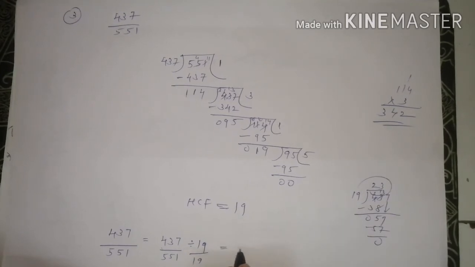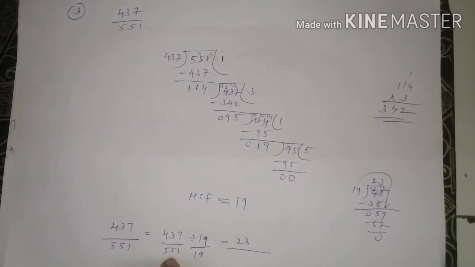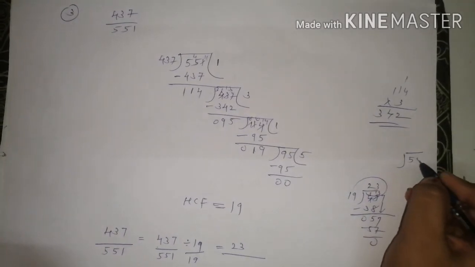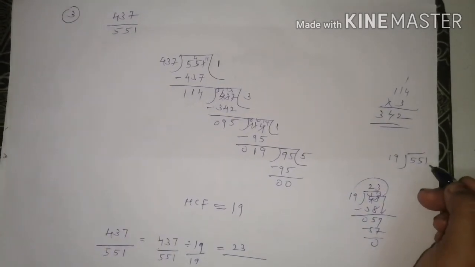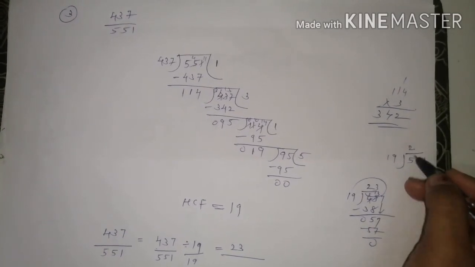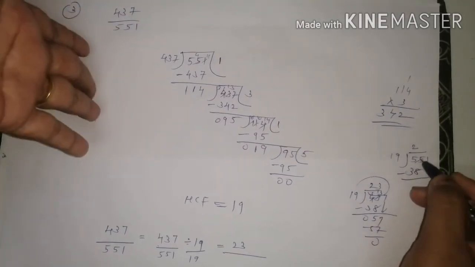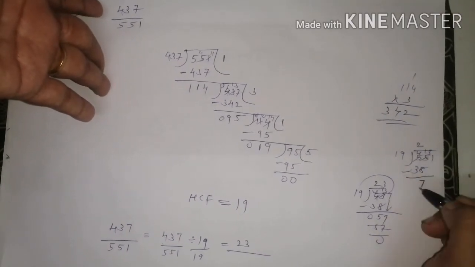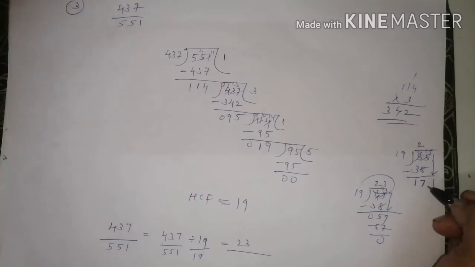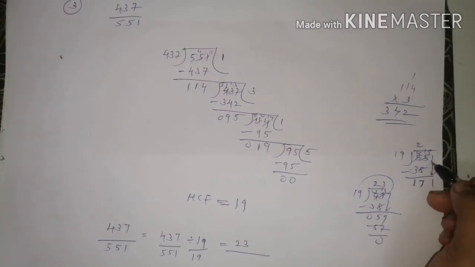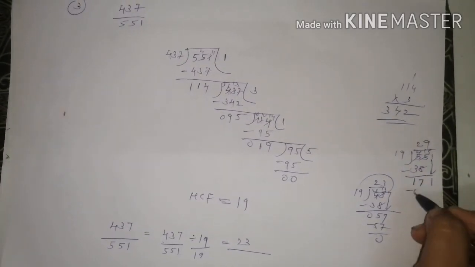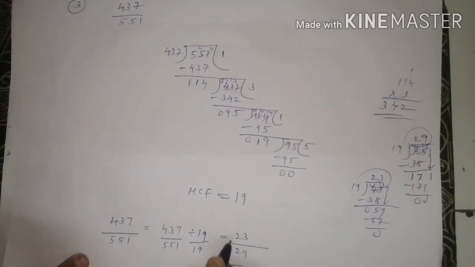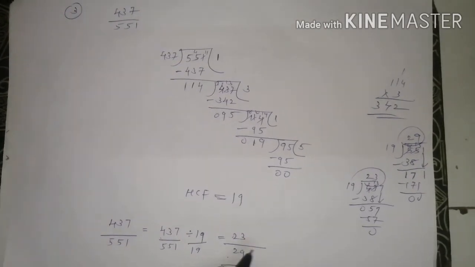So we got 23. Similarly, we have to divide 551 by 19. 19 threes are 57, will be more. 19 twos are 38 only we can take. 55 minus 38 is 17. Take this 1 down. 19 nines is 171. So we got 29. So the reduced form is 23 upon 29.